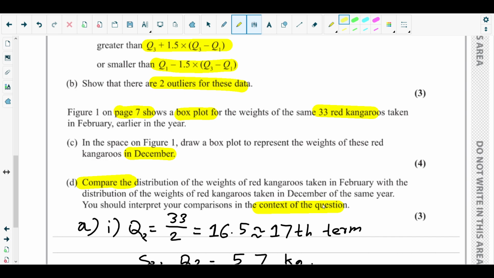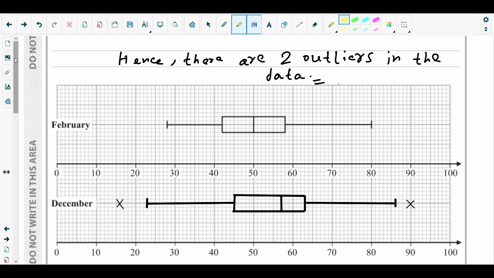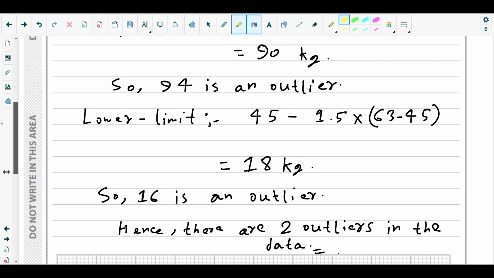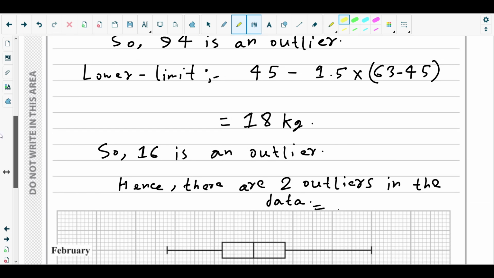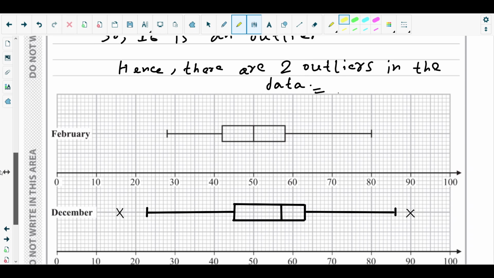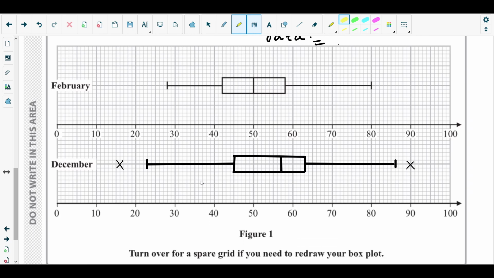So the first thing, we need to compare the measure of location. The median is perfect, since the box plot represents the median and quartiles. You can see that the median for December is greater than the median weight in February.